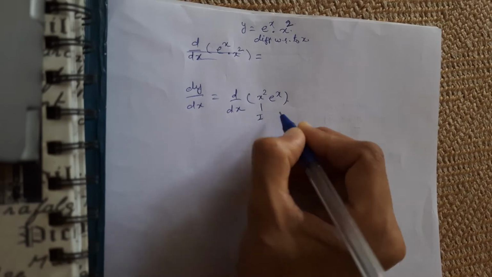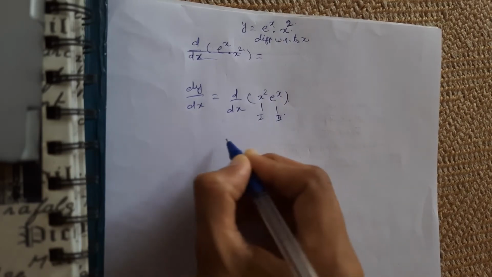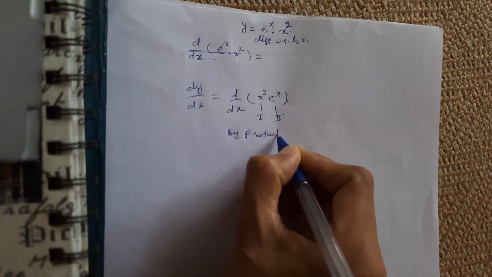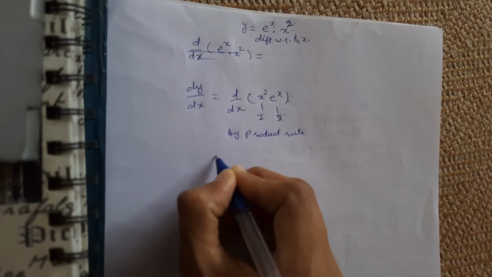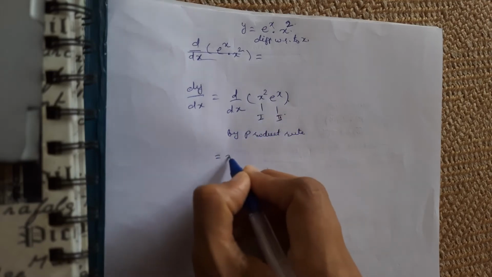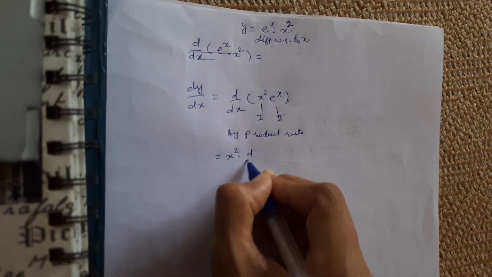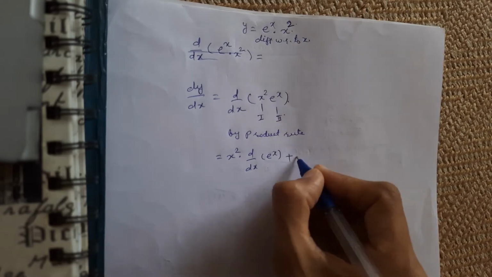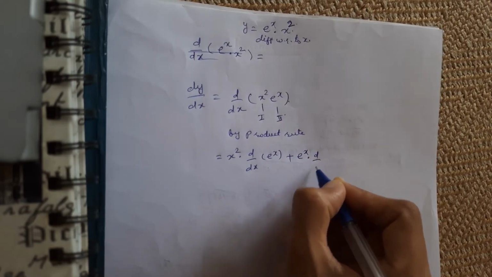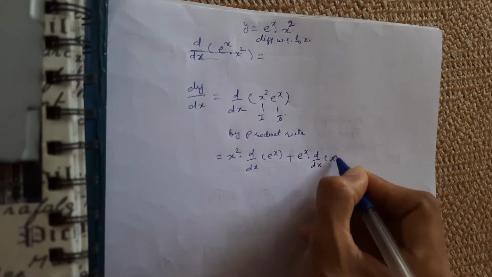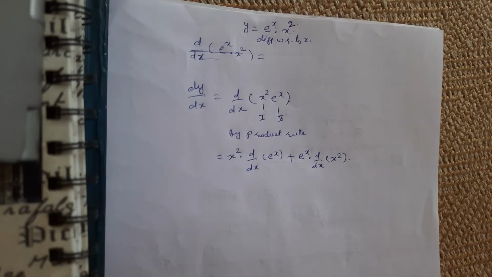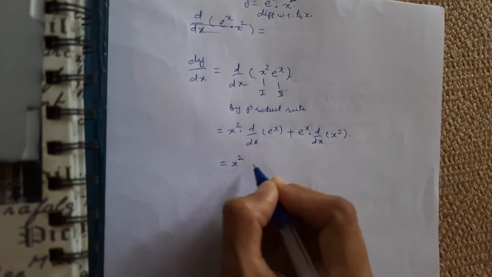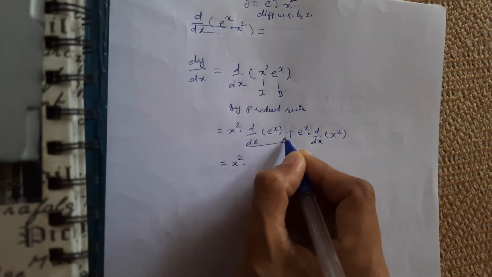Now suppose this is my first function, this is my second function. By the product rule of derivative, what do I have? First function into derivative of second, plus second function into derivative of first. So how do I write it? First function into, what is the derivative of e to the power x?